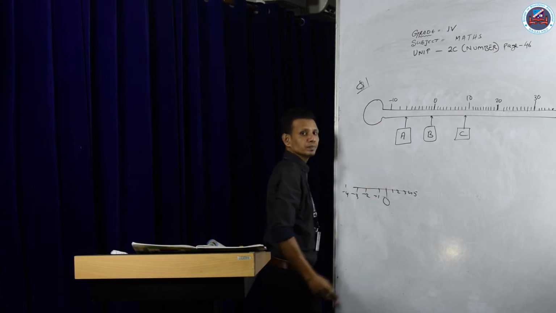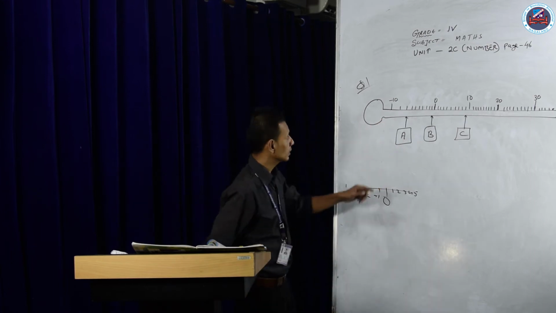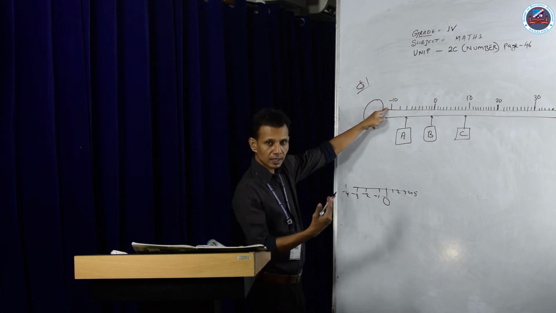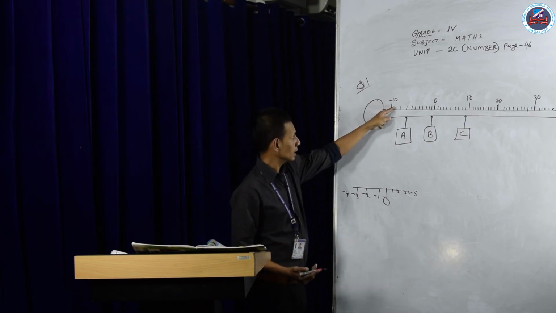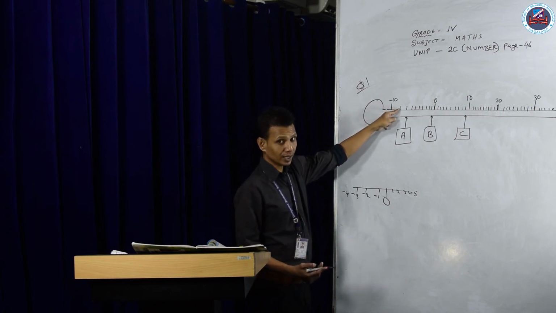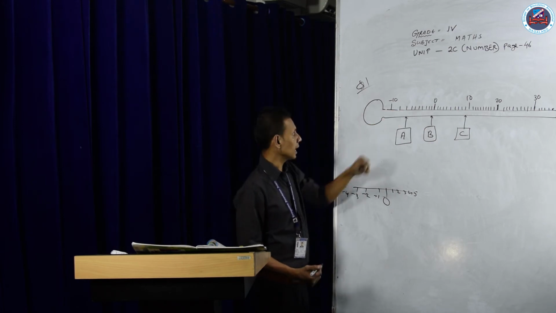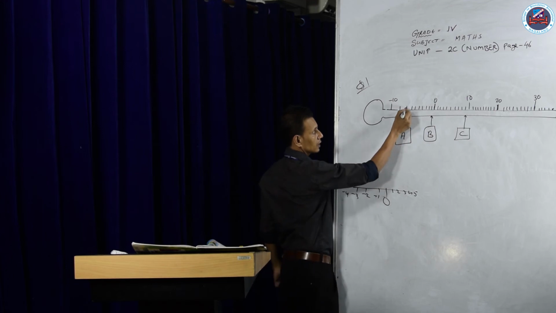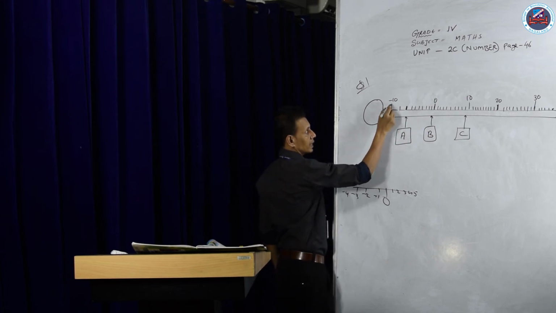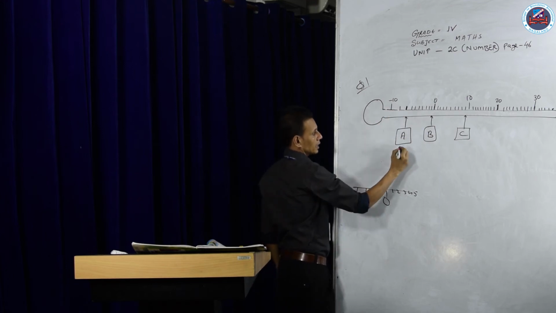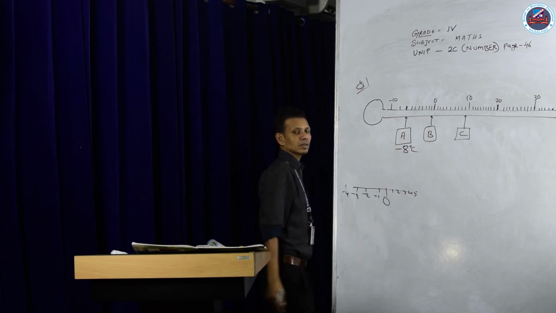Let's do it. Minus 10. I'm moving forward. Next is minus 9, minus 8. Yeah, done. It's indicated here. That is minus 10, minus 9, minus 8. This is minus 8 degrees Celsius. It's a temperature.